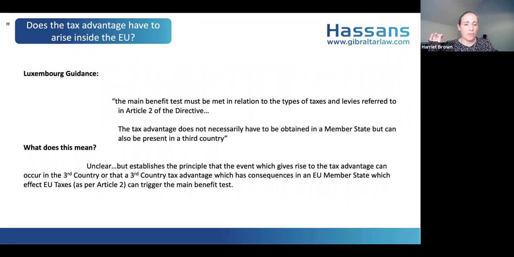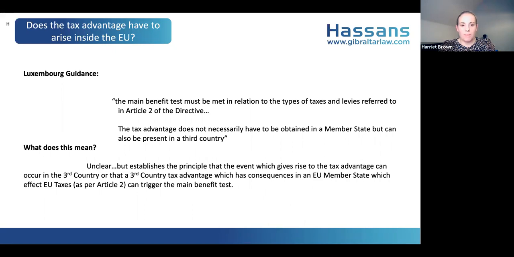This is a very unofficial translation. It's actually from Google Translate, so we can't be completely sure what it really says, but this is the best that we can do. And what we think it says is that the main benefit test must be met in relation to the types of taxes and levies referred to in Article 2 of the directive. But it goes on to say, the tax advantage does not necessarily have to be obtained in a member state, but can also be present in a third country.